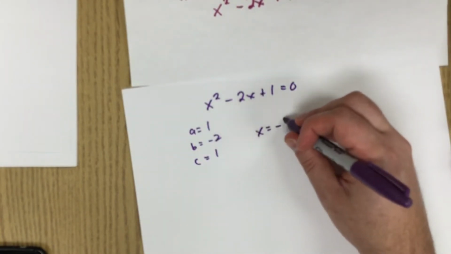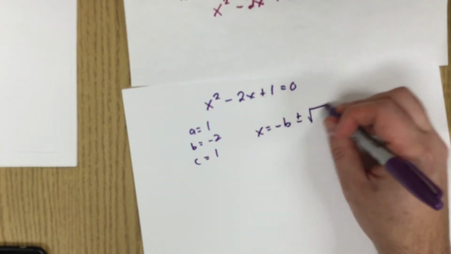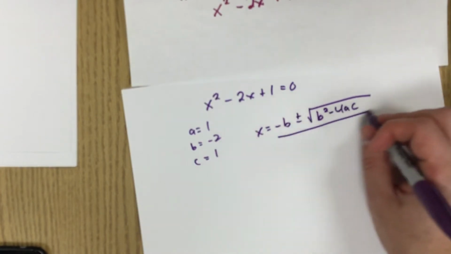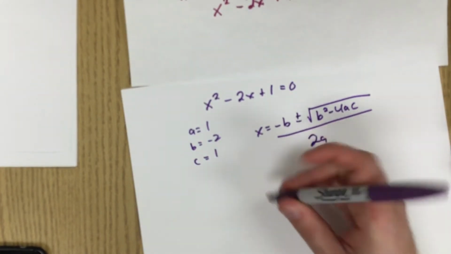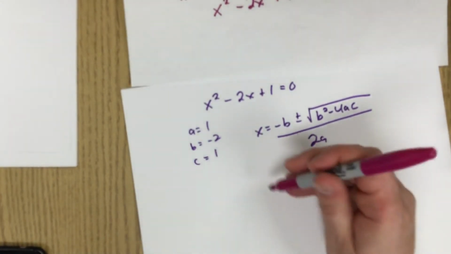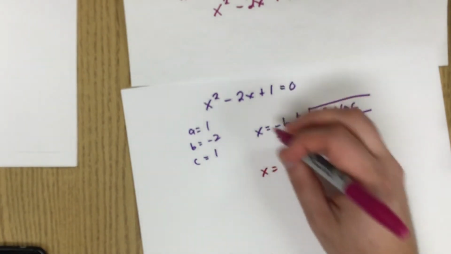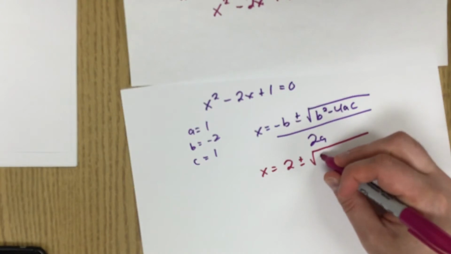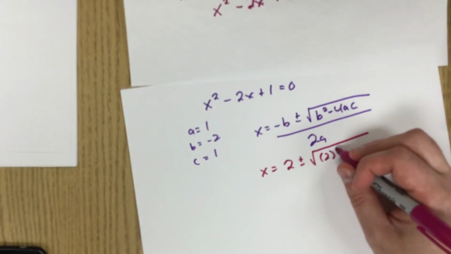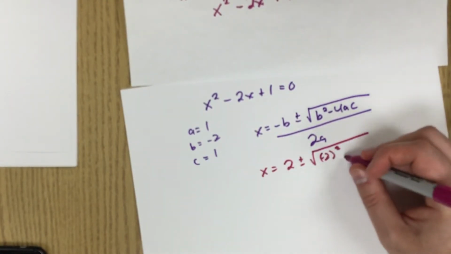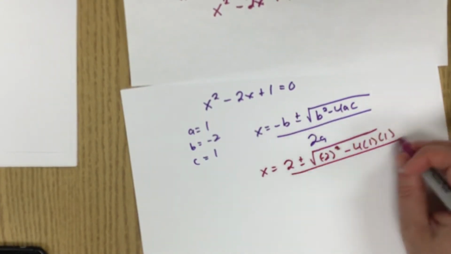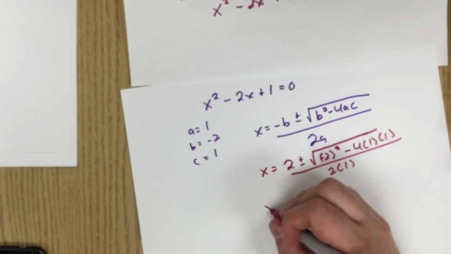We know that x is minus b plus or minus the square root of b squared minus 4ac, all over 2a, which is, plugging things in, minus minus 2 is 2, plus or minus the square root of negative 2 squared, minus 4 times 1 times 1, over 2 times 1.